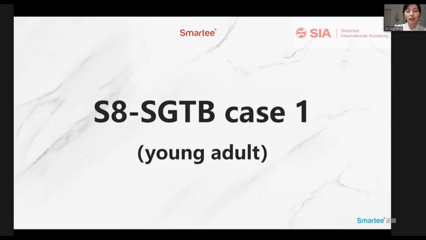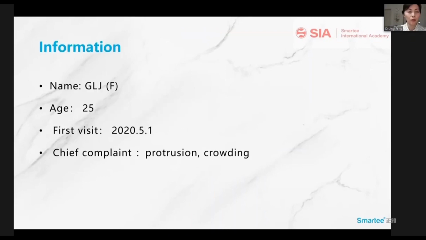The first case is a young adult, 25 years old. The first visit is 2020 in May. The chief complaint is protrusion and crowding.